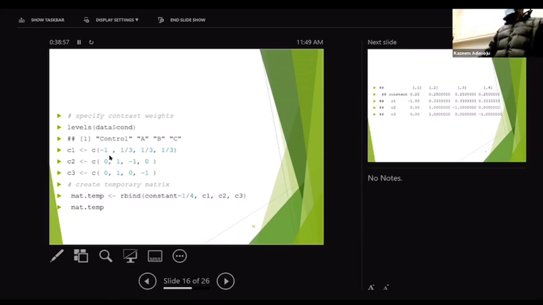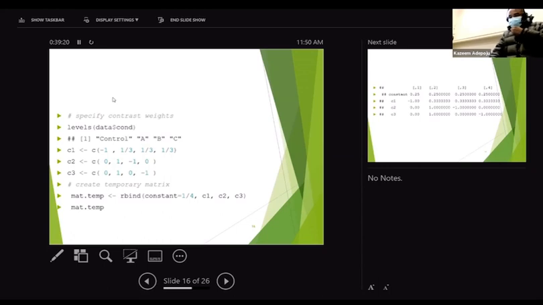You guys are good, right? Okay, because we are comparing control with other levels of treatment. And there are 3 levels of treatment apart from the control. We're going to give them equal weight, 1 over 3, 1 over 3, 1 over 3, and the other one will be minus 1.